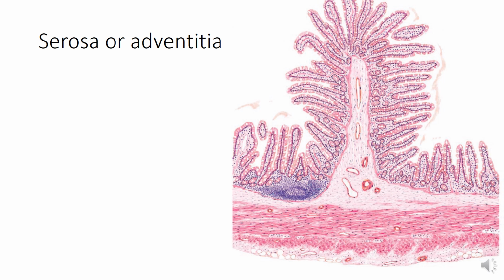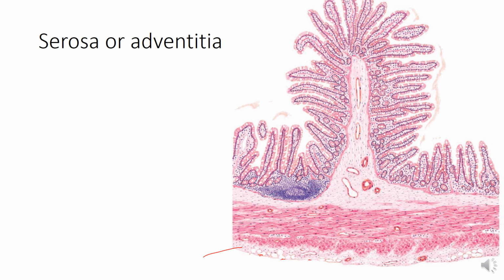Most of the small intestine is surrounded by serosa, consisting of a thin layer of connective tissue covered by a mesothelium. The posterior surface of the duodenum is covered by adventitia of only connective tissue. So here you can see the serosa. This is a section of the duodenum, and you can see here the epithelium, simple squamous epithelium.